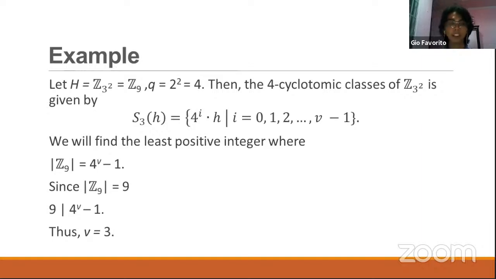So, since yung order ng finite abelian group natin, yung Z sub 9, is equal to 9. So, hanapin natin yung nu na mag-i-equal yung 9 dito na magdi-divide sa 4 raised to nu minus 1. So, yung nu is equal to 3.